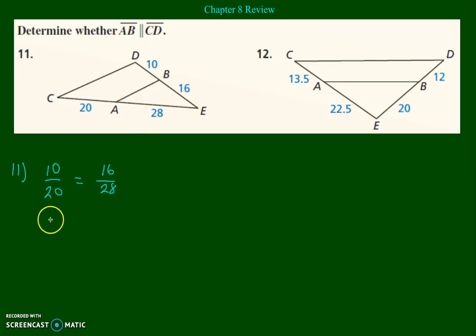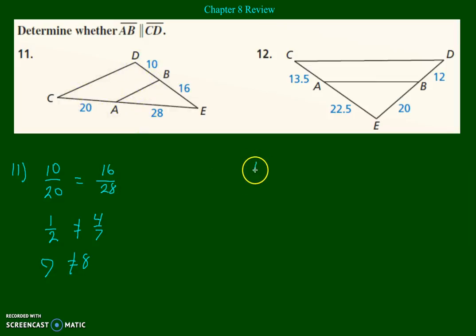Well, this comes out to 1/2, and this comes out to 4/7. So this is not a true proportion, because if we cross multiply, 1 times 7 is 7, and 2 times 4 is 8. These are not equal. This is not a true proportion. So this segment is not parallel to CD.